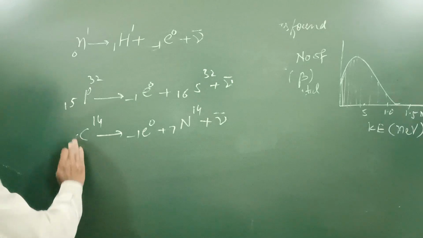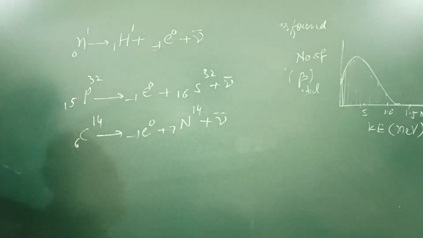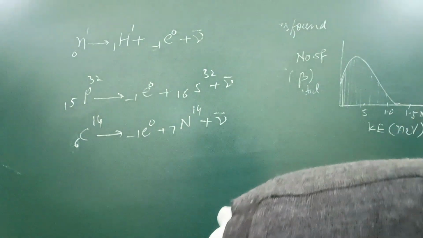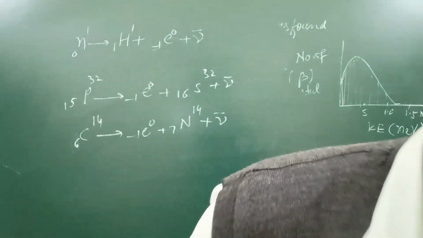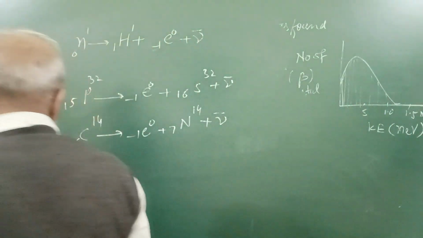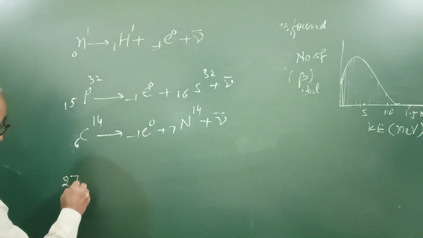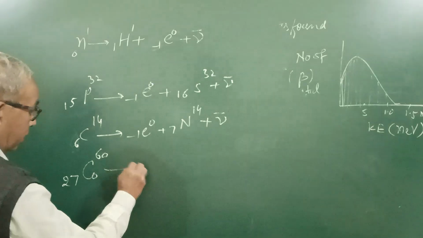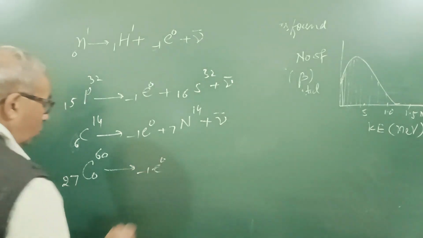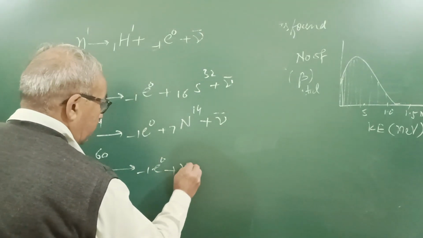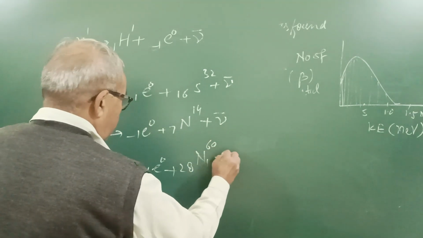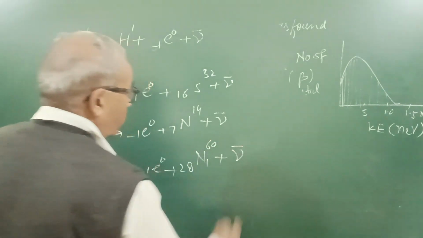Cobalt 60 also decays. 27Co60 decays into -1e0 plus 28Ni60, nickel 60, plus antineutrino.